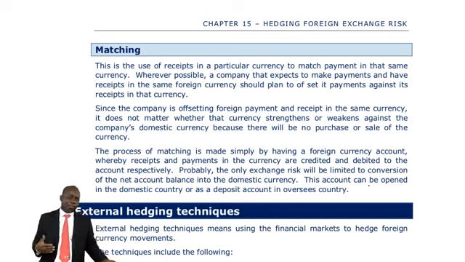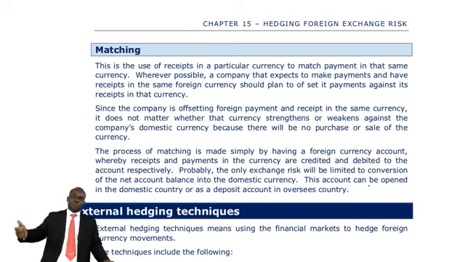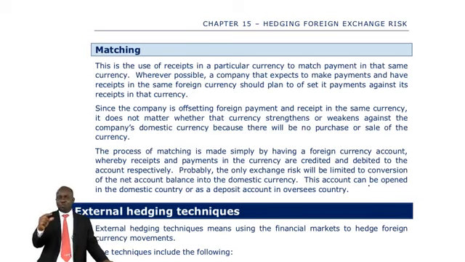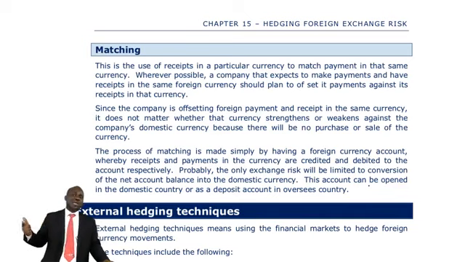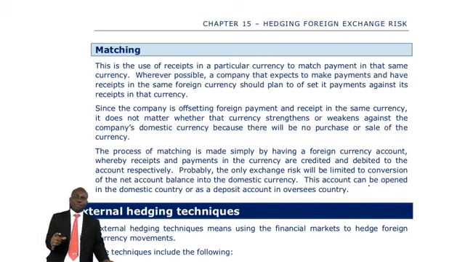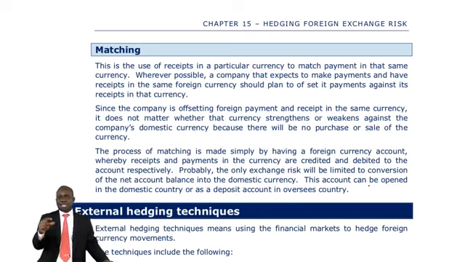And what other companies even do is that they will open a bank account in that particular foreign currency. So all my rupee payment will get out of that account. All my rupee receipt will go into that account. Every year I am keeping that rupee balance, and that will lead me to translation exposure, because at the end of the period my bank account balance in rupees is supposed to be brought into my statement of financial position to prepare my consolidated financial statement, and that is going to create a translation exposure.